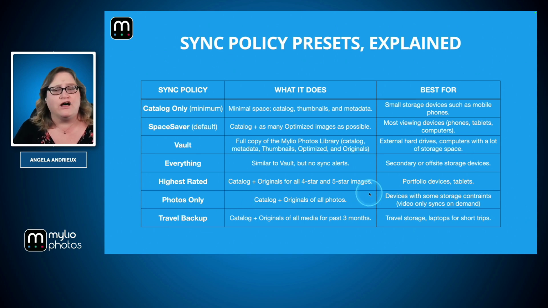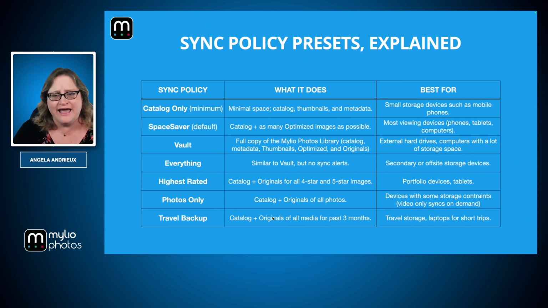What this does is it makes all the photos, the image files, available at original quality, but keeps the video files, those larger files that probably take up a ton more space, those will be kept on your vaults and you'll have to grab those on demand. Travel backups are really handy. This is great for those little SSD drives, especially if you have an iPad or a laptop that you travel with. This will have, again, that catalog and originals for everything from the past 3 months.